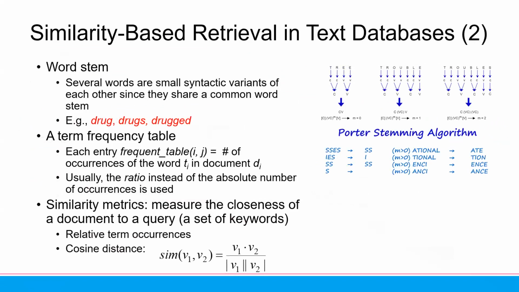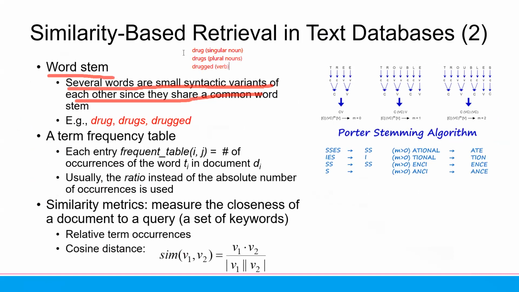In English, we can also do stemming, the word stem. Several words are small syntactic variants of each other since they share a common word. For example, we have drug as a singular noun, just a single one, or drugs as a plural noun, meaning there are many drugs, or drug as a verb.